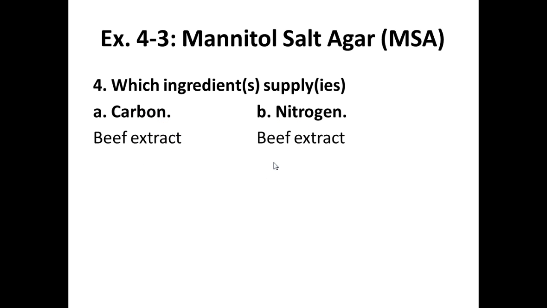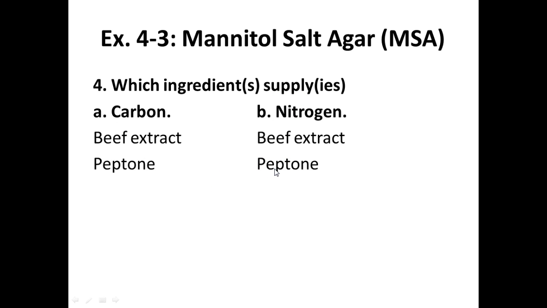So it has all the nutrients you can imagine. It has sugars and lipids and nucleic acids even, and proteins. Sugars have a lot of carbon, proteins have a lot of nitrogen. So clearly they've got plenty of food when we put something like beef extract in a media.